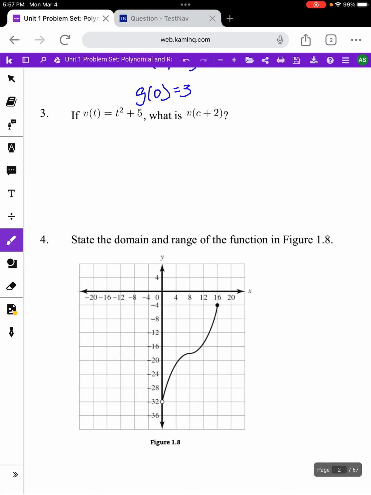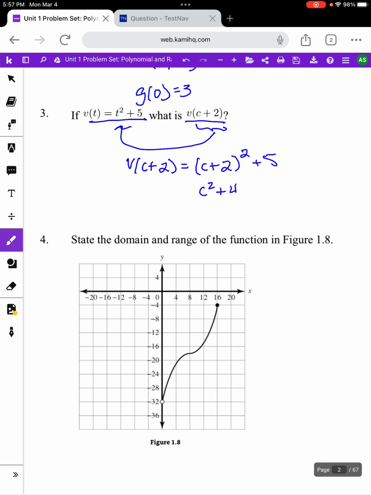Find v of c plus 2. So if v of t is equal to this, and they want me to find v of c plus 2, what I need to do is take c plus 2 and plug it in for t. So v of c plus 2 is equal to c plus 2 squared plus 5, which gives us c squared plus 4c plus 4 plus 5.